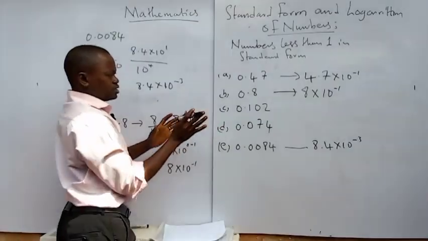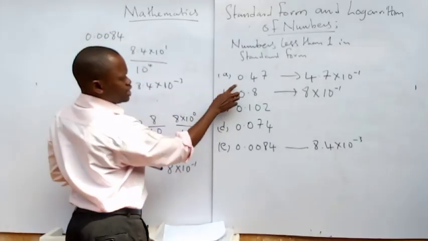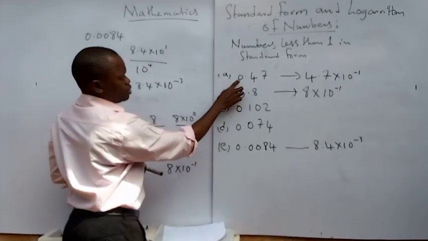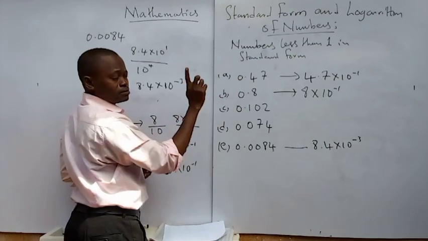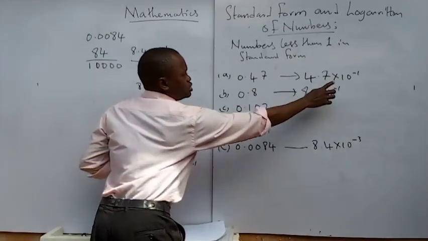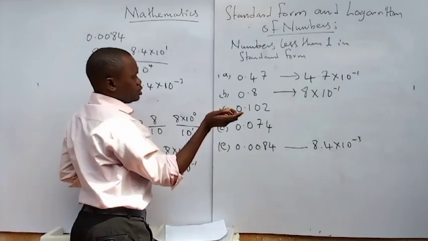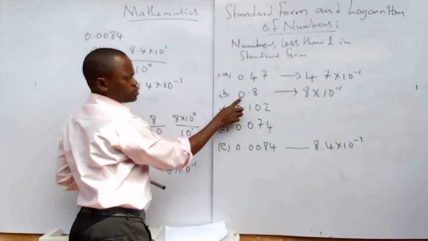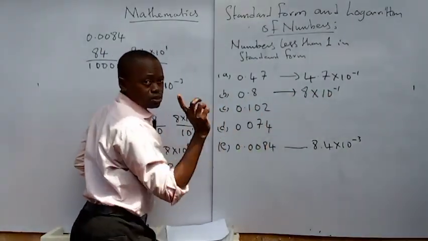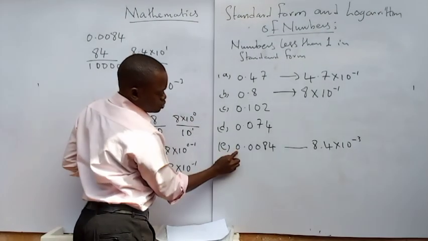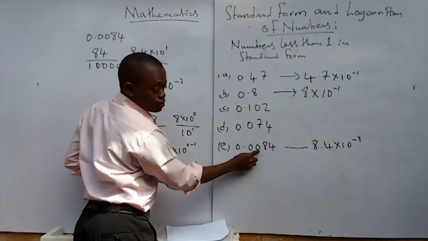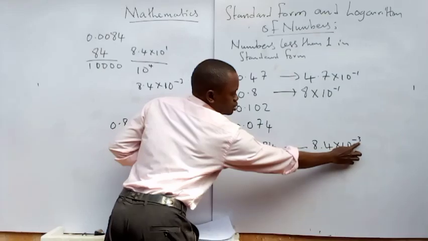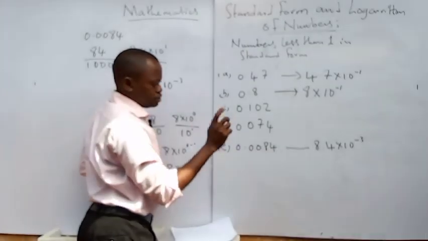Let's see whether we can balance something here. Do you realize that the number of zeros here is 1 and the power of 10 is 1 but negative? Do you realize that the number of zeros here is 1, 2, 3 and the power of 10 is 3 but negative?